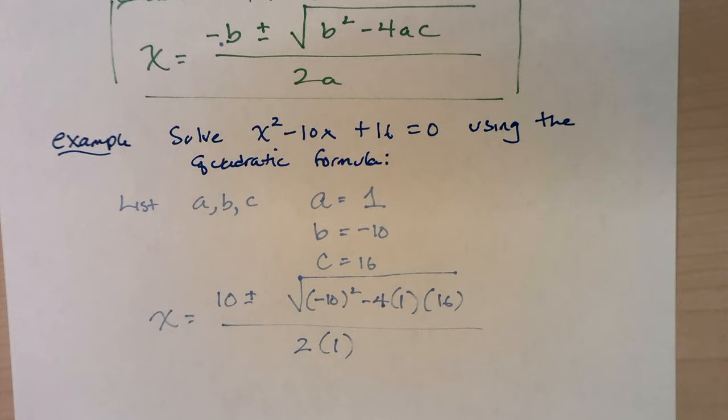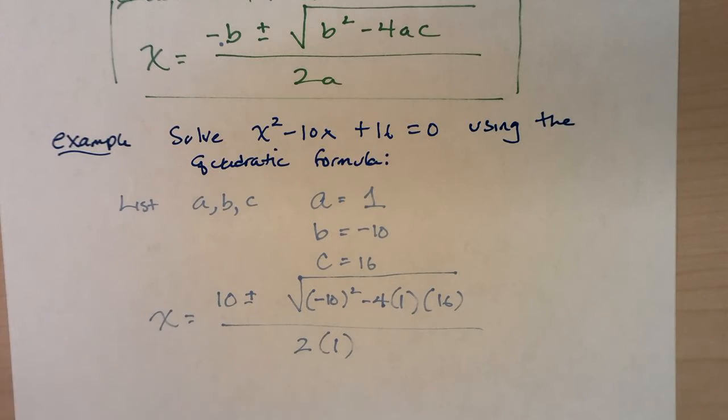Okay, and then here's what we do. We simplify everything. After we figure out a, b, and c, you plug all those numbers directly into the quadratic formula. There's quite a bit involved in the quadratic formula. That's why I said write it down somewhere handy in your notes, and then you can just refer back to that when you're using the quadratic formula.